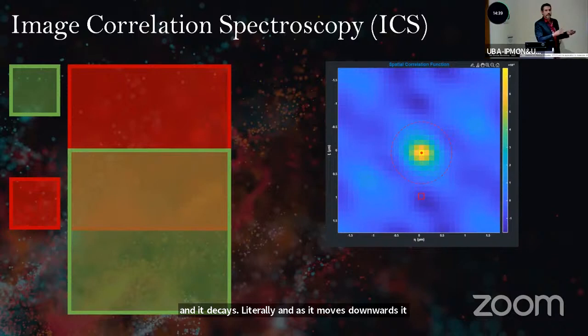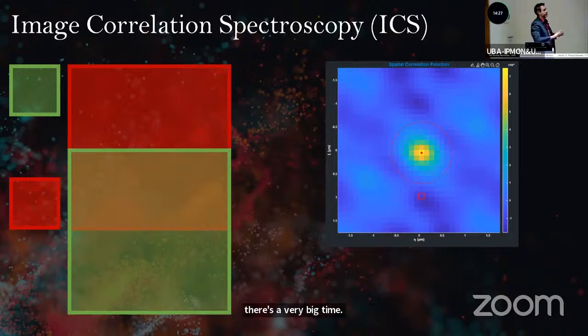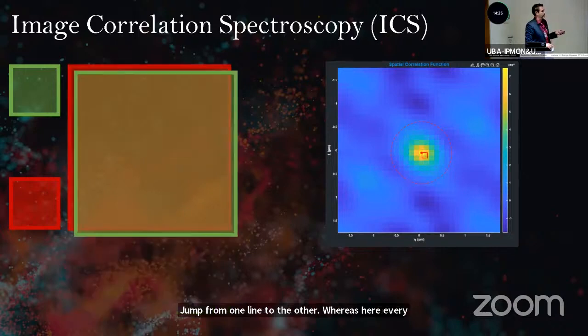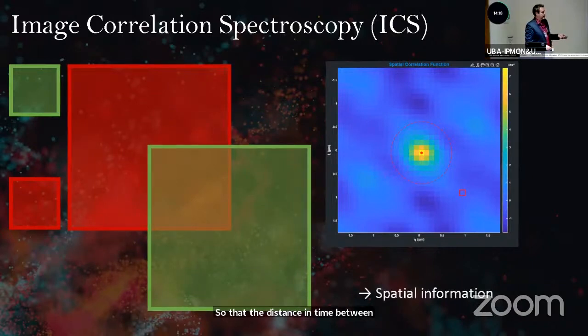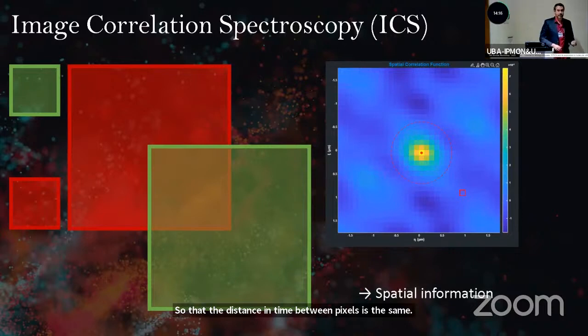Now, this is a similar concept to RICS, but you need to keep in mind that all of these pixels were acquired at the same time, whereas in RICS, there's a very big time jump from one line to the other. Whereas here, every pixel has been acquired at the same time, so the distance in time between pixels is the same.